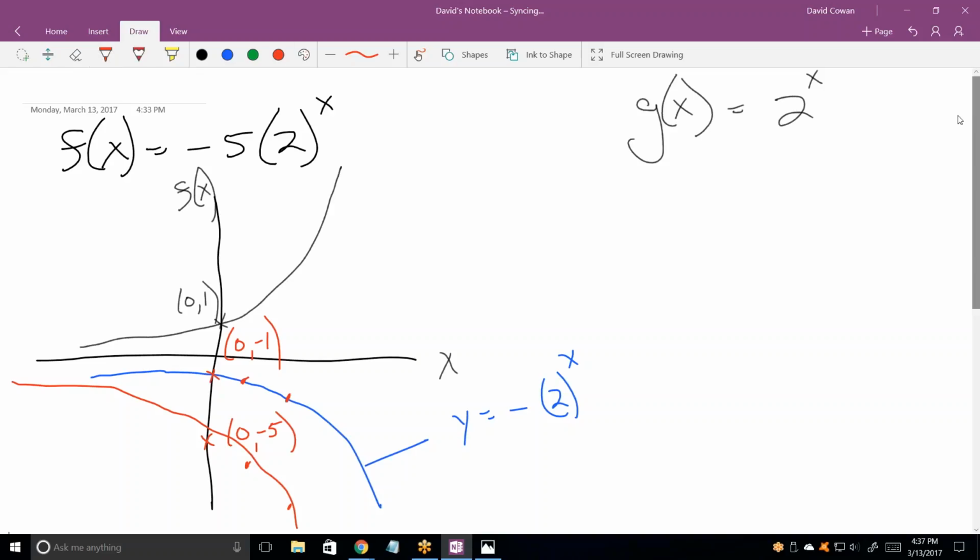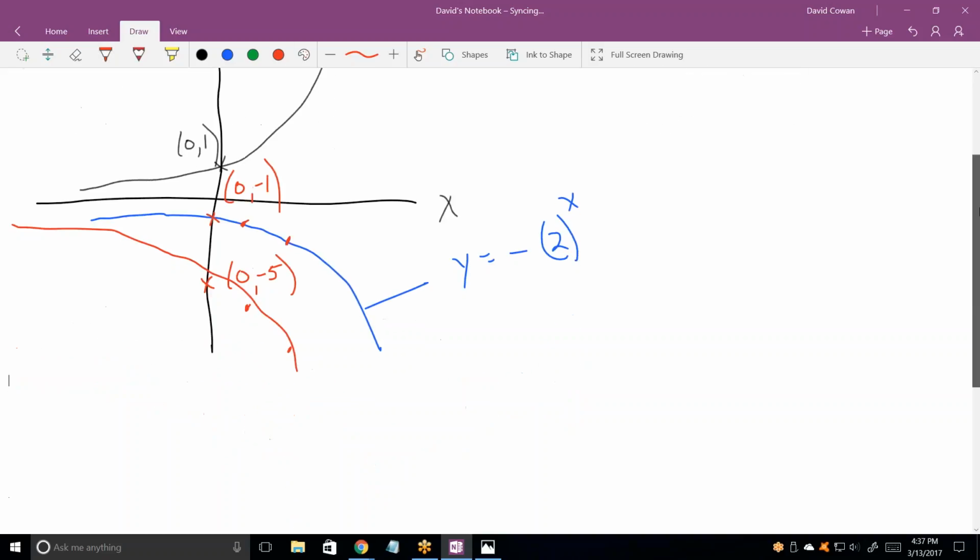Now, what's the domain of that function? All real numbers? Correct. In fact, I'm not sure I've ever seen an exponential function whose domain was not all real numbers. That's just the domain when you have exponential functions. What's its range?